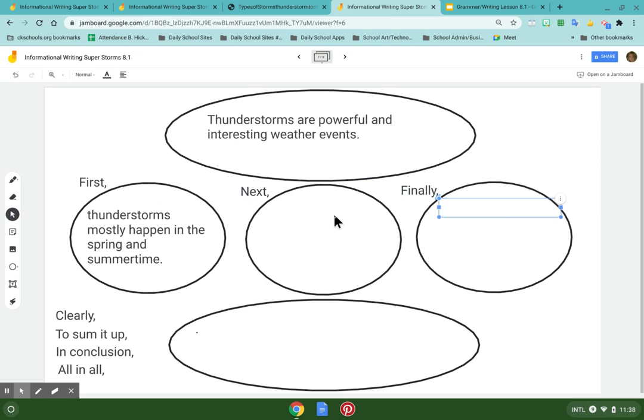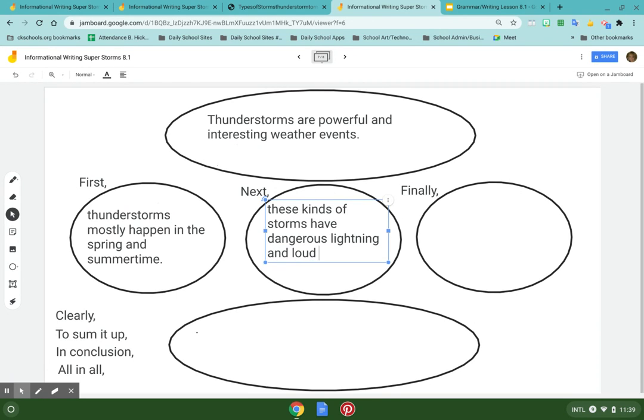Well, what happened here? There it is. All right. So then I go to my next one and I say, you know what? They have thunderbolts and lightning. Next, these kinds of storms have dangerous lightning and loud thunder in them.